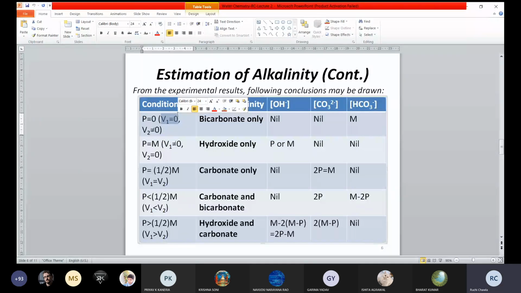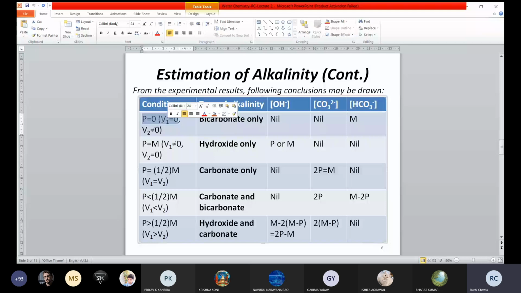At that point, you will add methyl orange, you will get a yellow color, you will add acid from the burette, and till the color changes to pinkish red, you go on adding acid and you note down the final reading as V2, the volume that you will see on the burette. And if V1 is 0, P is equal to 0. What is the relationship between P and V1 from the last slide? Yes, ma'am. P is equal to 10 V1. So yes, if V1 is 0, that means P is equal to 0.